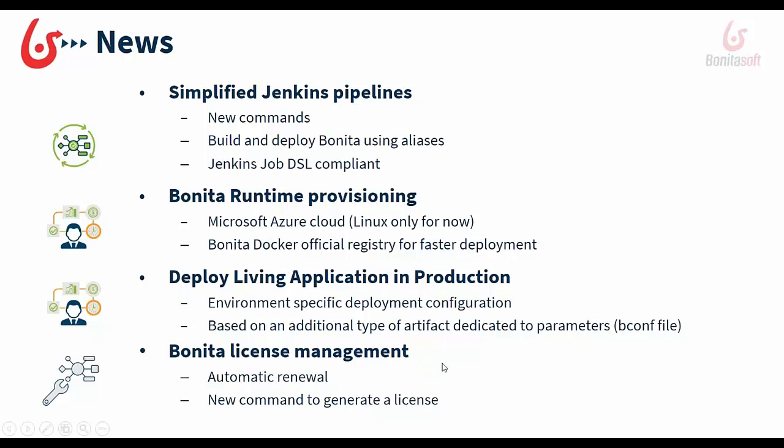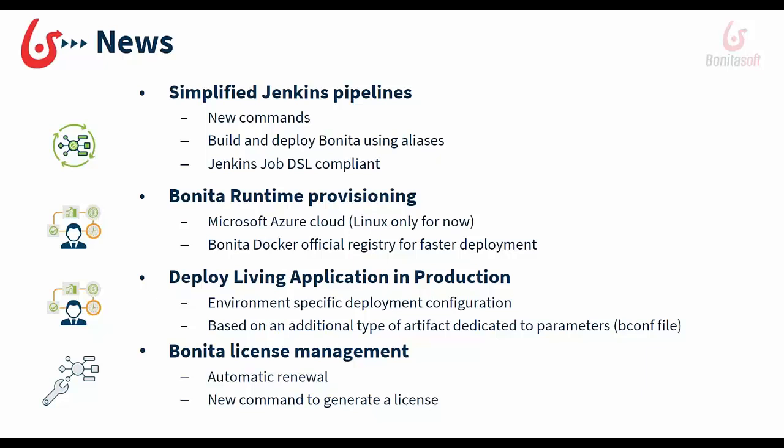Also, we do have automatic renewal on the Bonita license, which is really needed. The idea is that you have things on the cloud, maybe you have a lot of different stacks, and they all use some licenses. You want to renew automatically, right? Most of the time, that's what you would like to do without any interruptions. So that's something that will come with the BCD version 3.0.